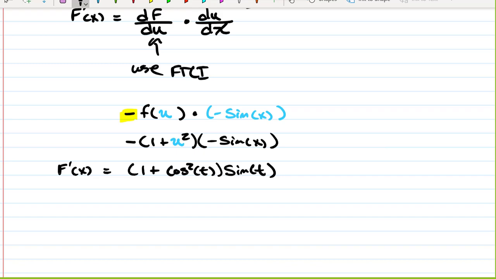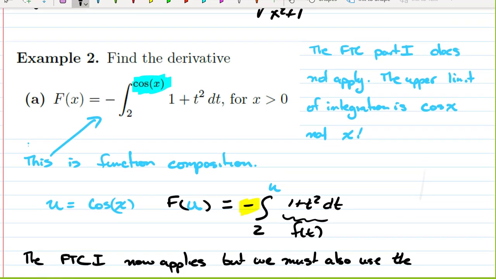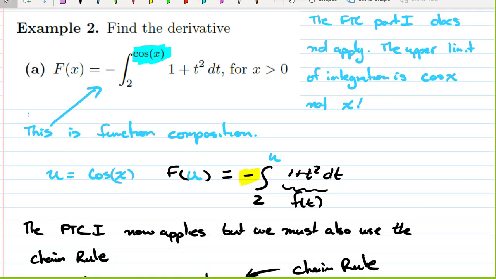So let's kind of recap, because there was a lot going on in that problem. So we started out, since our upper limit of integration wasn't just a single variable, we had to recognize that the Fundamental Theorem of Calculus Part 1 didn't directly apply. So we recognized that this was function composition, and that we had replaced the upper limit of integration of just x with cosine x.